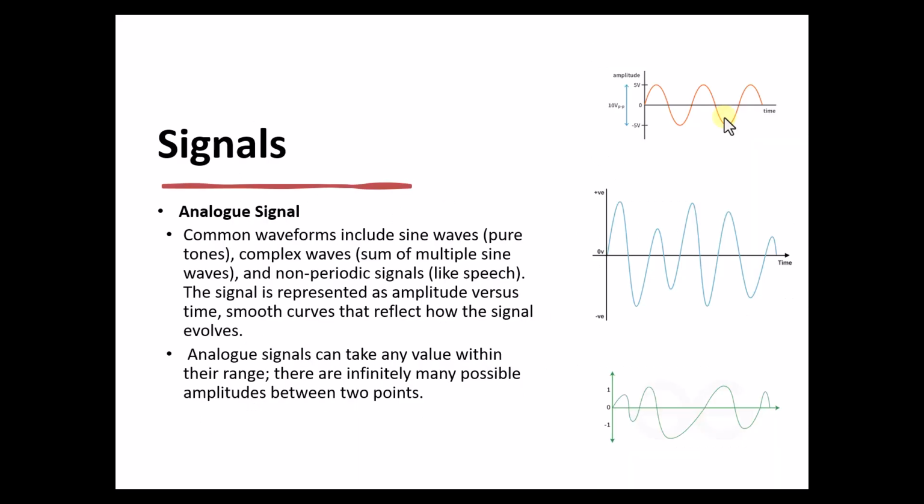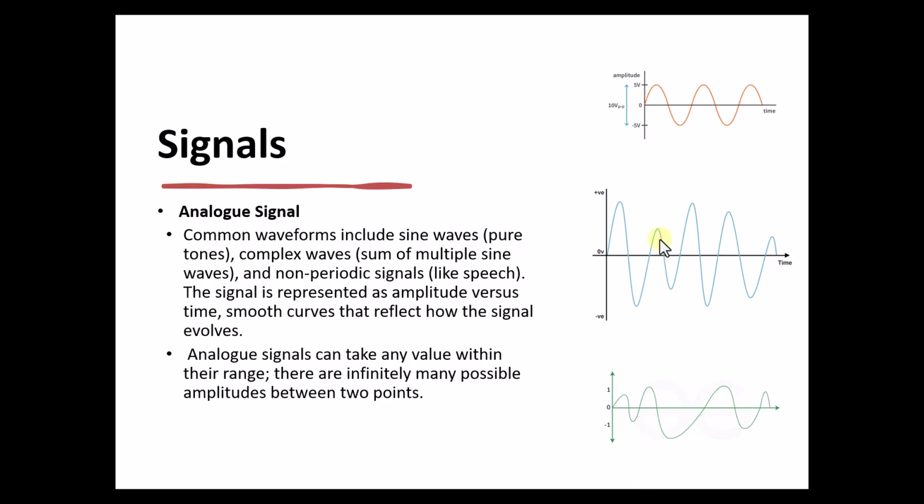If you consider any point between these signals, from here up to here, you realize that you can have an infinite number of points in between because it is continuous. You cannot tell how many dots you would have to draw to form this line. They are infinite.